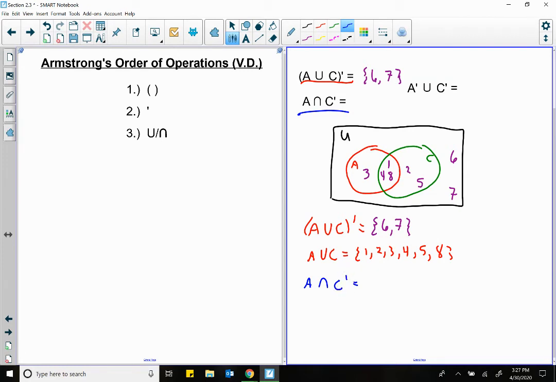We've got the C complement. So we need to run the C complement first. So I need everybody that is not in the green circle. I need everybody that is not in this green circle. So what numbers are those? Well, that's 3, 6, and 7.